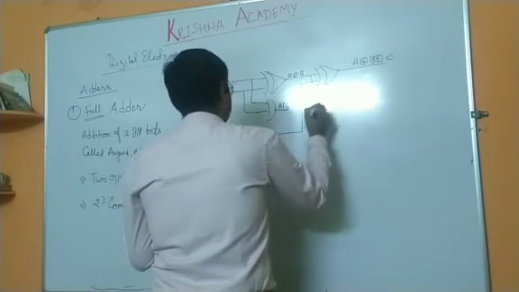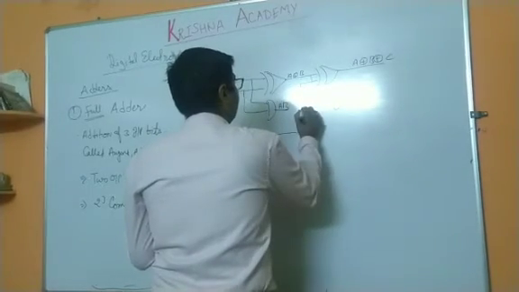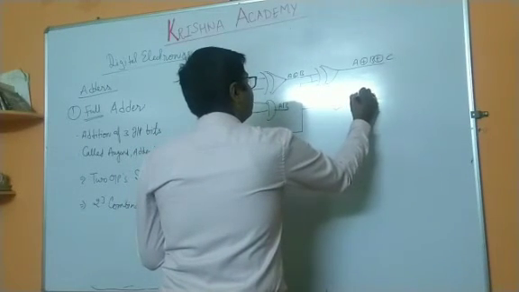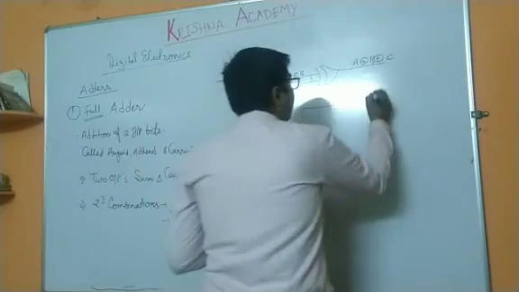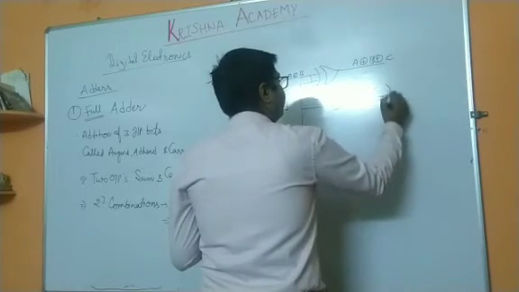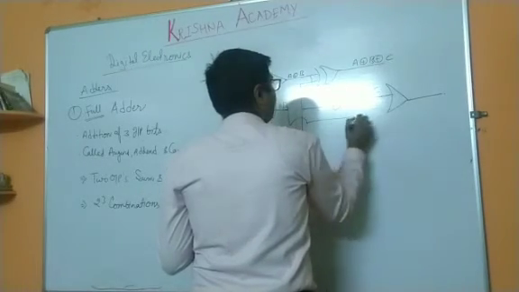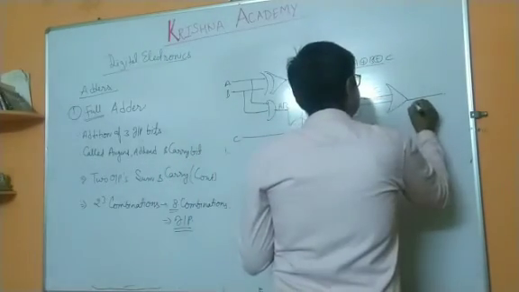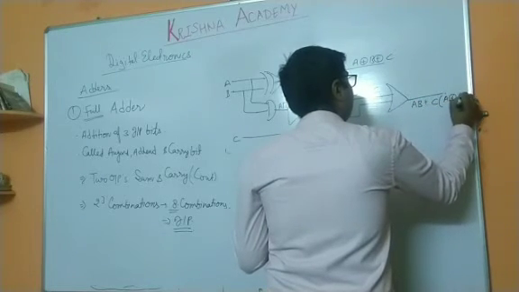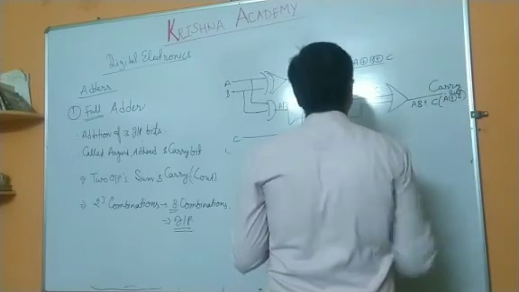and if we take this, this will come as A XOR B dot C, and this is AB plus C times A XOR B, and that is shown as carry out.